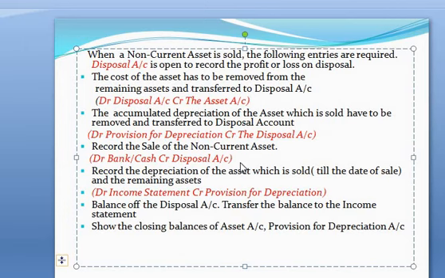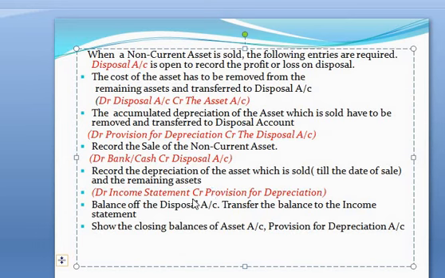Before balancing the disposal account, it's very important to remember that the asset which has been sold has to be depreciated until the date it is sold. So you have to calculate the depreciation of the asset which is sold from the beginning of the year until the date it is sold.